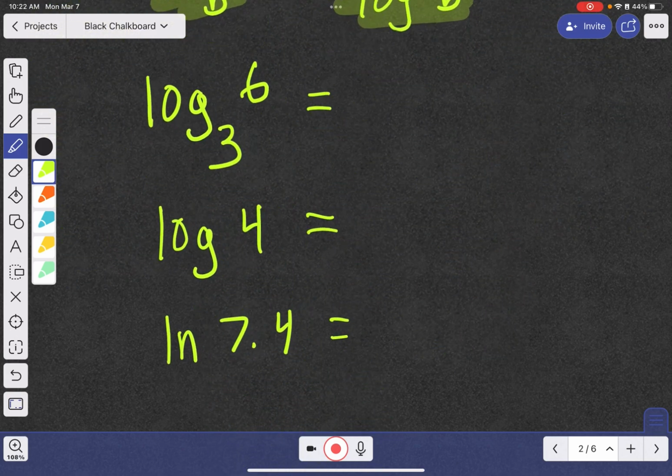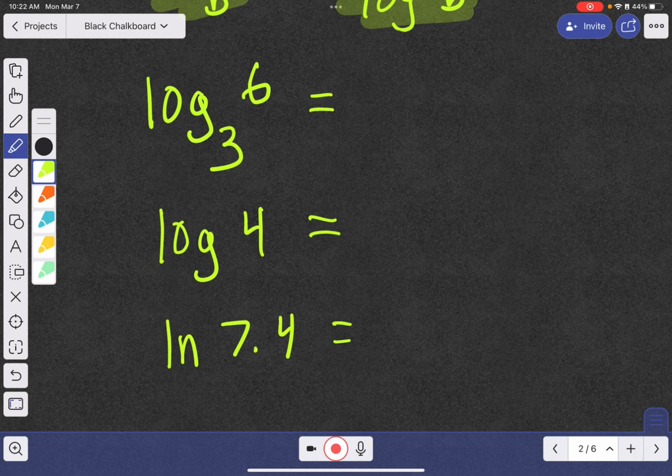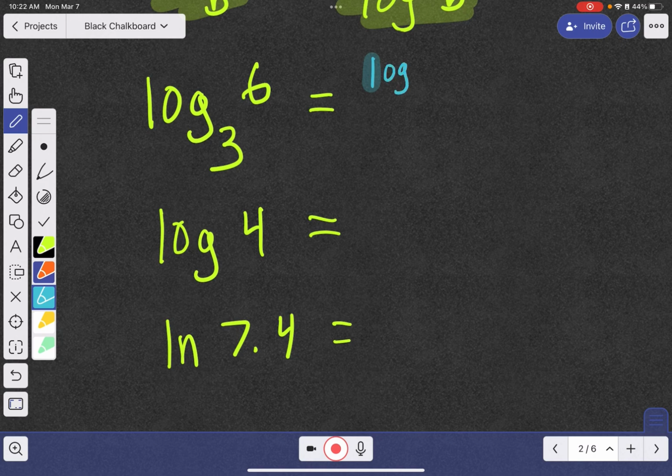So a couple of examples of being able to find solutions now. We can find the solution to log base 3 of 6 by using the change of base formula. The change of base formula for log base 3 of 6 says that we can solve this by taking the log of 6 and dividing that by the log of 3 and punching those numbers in your calculator, letting the calculator do the work.